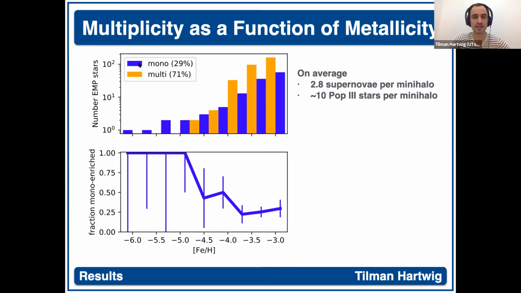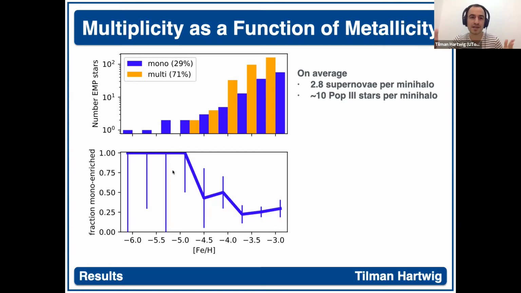If we plot the mono-enriched and the multi-enriched individually, we see again that at low metallicities, and we're already talking about -5, -6, most stars seem to be mono-enriched. However, at higher metallicities, for me high means -3, we see stars are mostly multi-enriched. Mind the logarithmic axis.